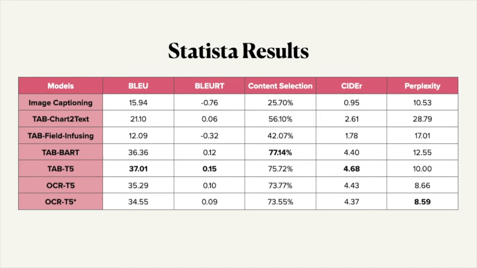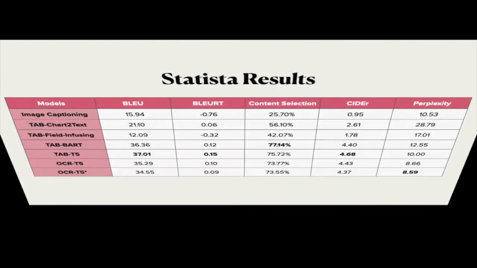This is likely because the OCR extraction process tends to introduce noise into the text, which causes the performance to drop. We also observed that the image captioning model performed worse than most of the other models, especially in terms of content selection, which measures its ability to retrieve relevant information from the chart.